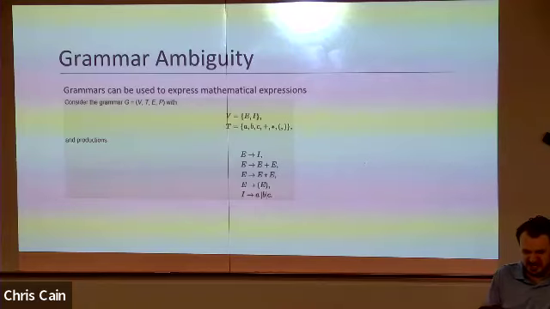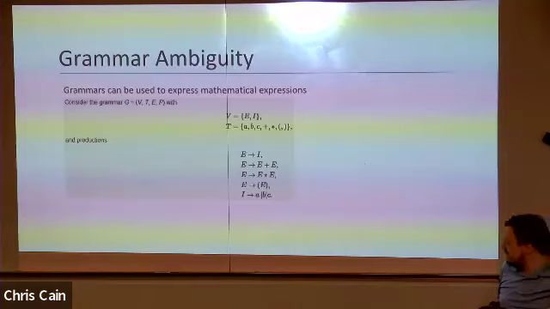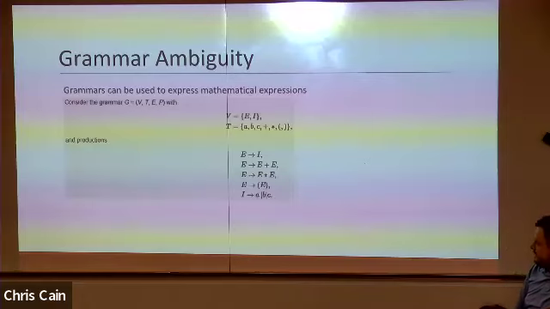Subtraction and division could easily be added to this. But here are some productions. An expression can resolve to a constant or a variable. An expression can be rewritten as an expression plus an expression, or an expression times an expression, or parentheses around an expression. Do we see how using these productions we could produce arbitrarily complicated mathematical expressions using plus or times?